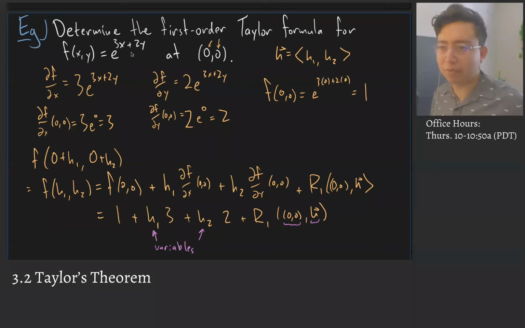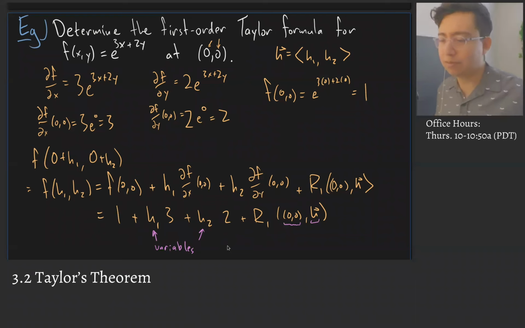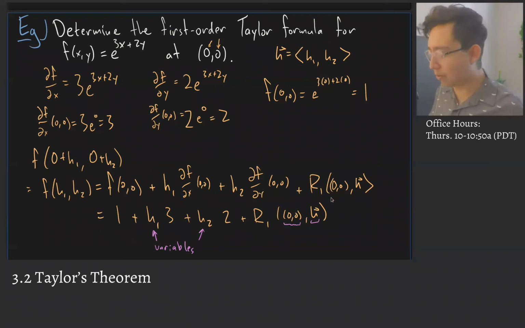So for example, like 0.01 comma negative 0.01 or something like that. Plugging that in up here looks ugly and it's hard to deal with, but what this is telling us is it's basically just 1 plus 0.01 times 3 and negative 0.01 times 2. And then this is just saying it's not quite equal to that. If you want to put an equal sign, you need to throw in the error term.